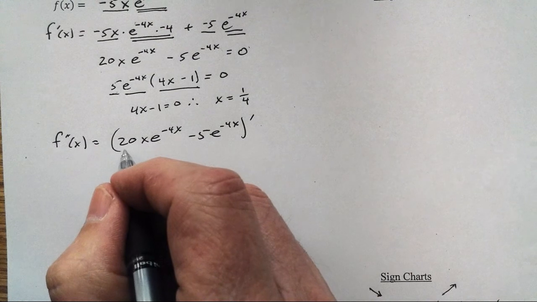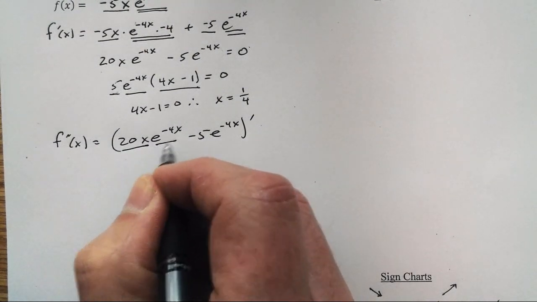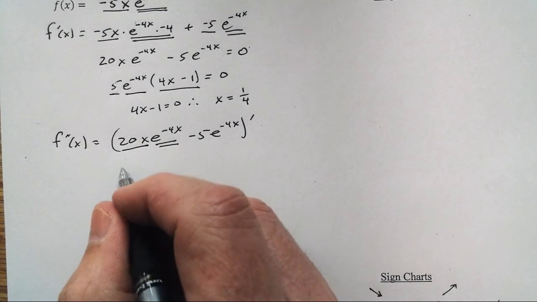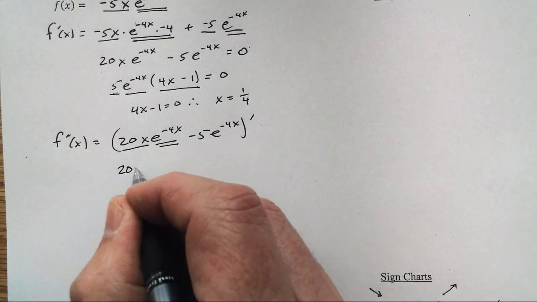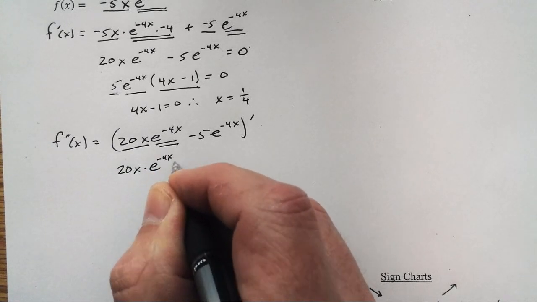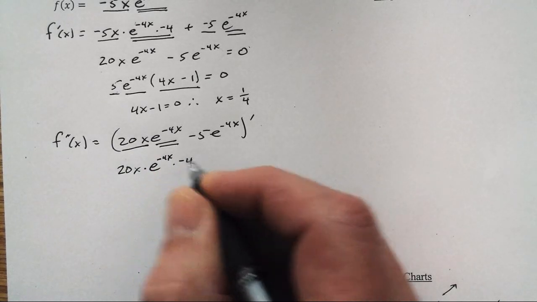So once again, we have a function of x times a function of x here. So to find the derivative of this, I need product rule. That is first function times derivative of the second, e to the negative 4x times negative 4, treat the baby.